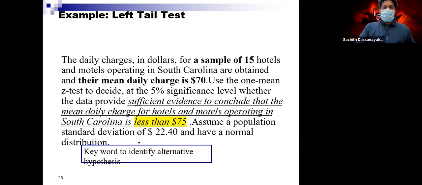Okay. In this example, a left tail test, which means something like this. This is your rejection region. They have given sample size 15, mean daily charge 70, significance level 5%, which means 0.05. So what do you need to find? Operate in South Carolina is less than this much.